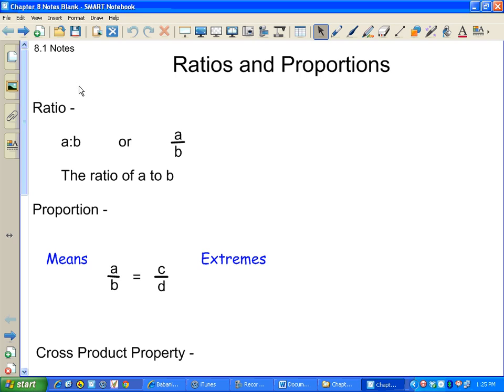So we're just going to start with some definitions. A ratio is just a comparison between two numbers, and we can write it in different ways.